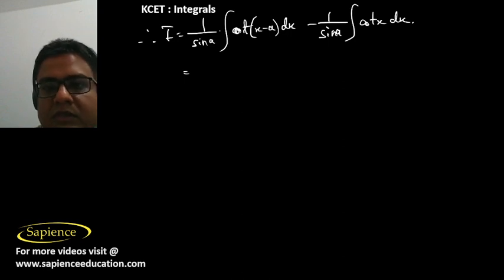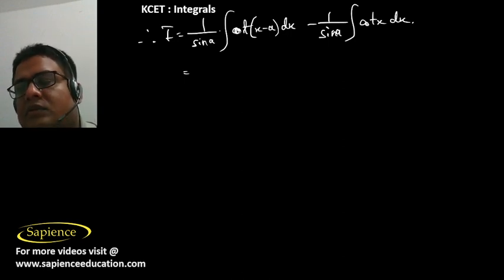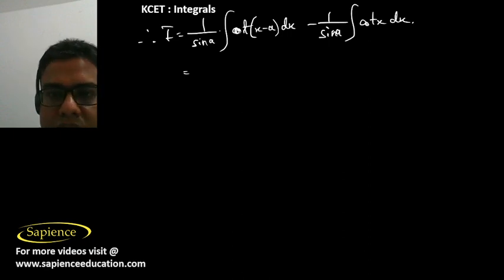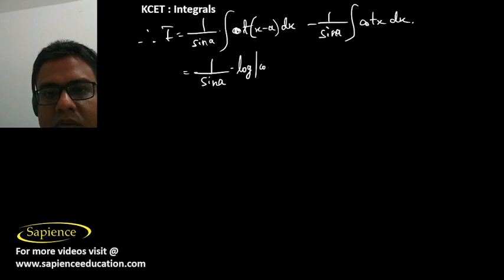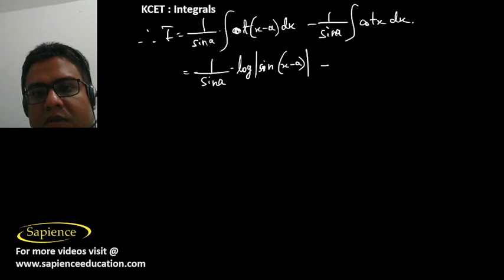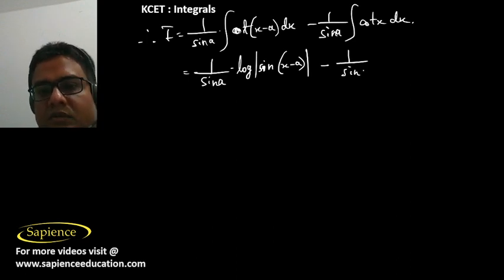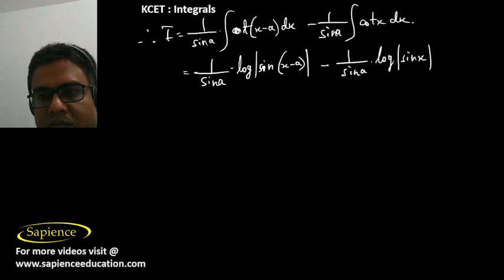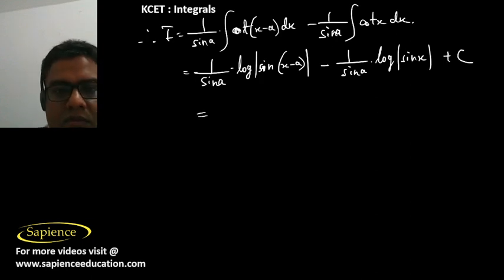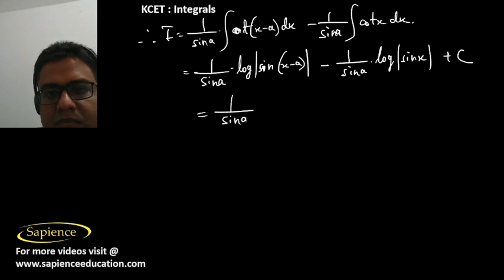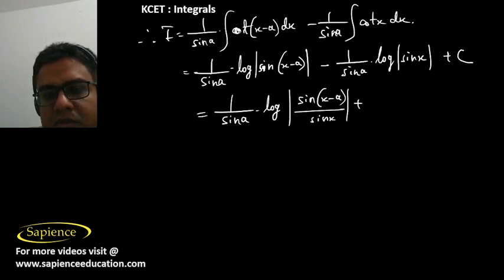So integral cot x is log mod sine x. So it is 1 by sine a into log mod sine x minus a, then minus 1 by sine a into log mod sine x plus c. So this will be 1 by sine a into log mod sine x minus a by sine x plus c.